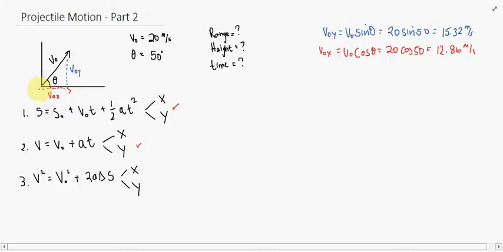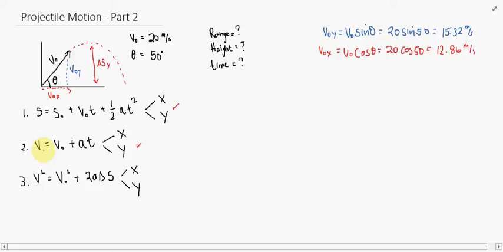I know where it starts. It starts on the ground and it's going to fly through the air and ultimately come down. But this over here is going to tell me its change in vertical displacement. I don't know that yet. I do have its initial vertical velocity though, and I have the acceleration in the vertical direction, but I have two unknowns, so I can't use this one.